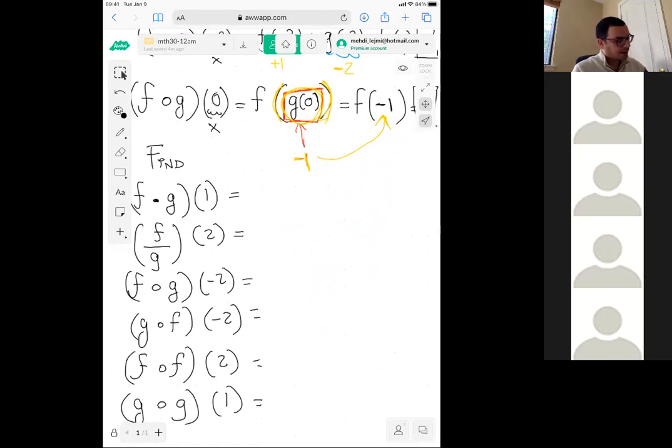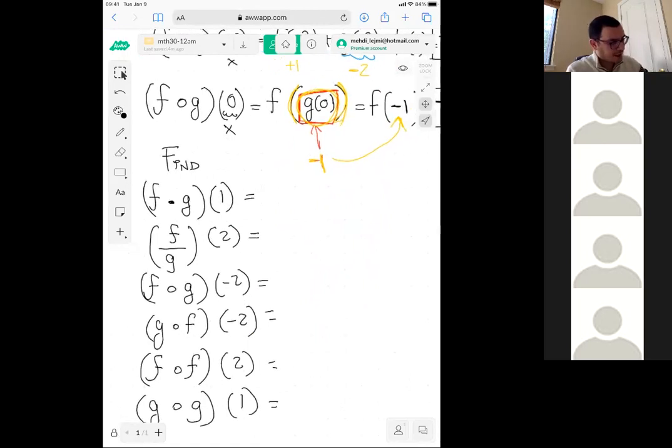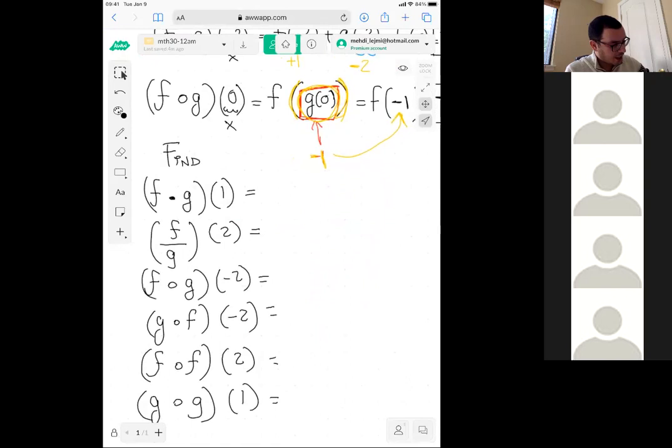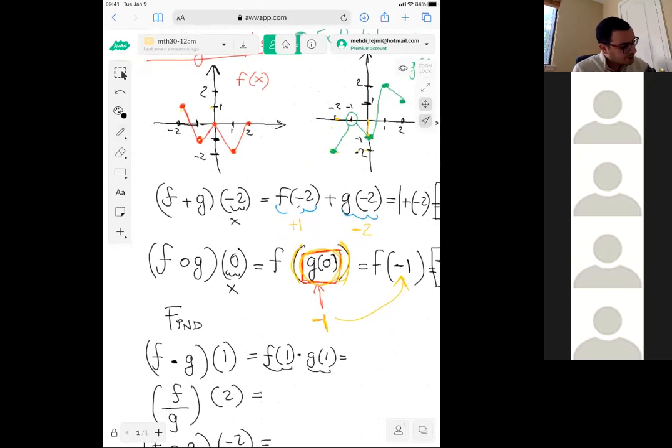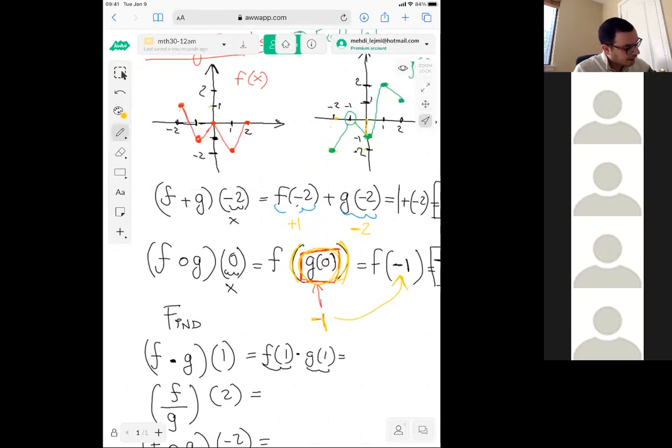So for the first one, as I said, it's a dot, so it's a multiplication, right? So it's supposed to be f of 1 times g of 1. Let's find f of 1 first. You see here's 1, and f of 1 would be -2.